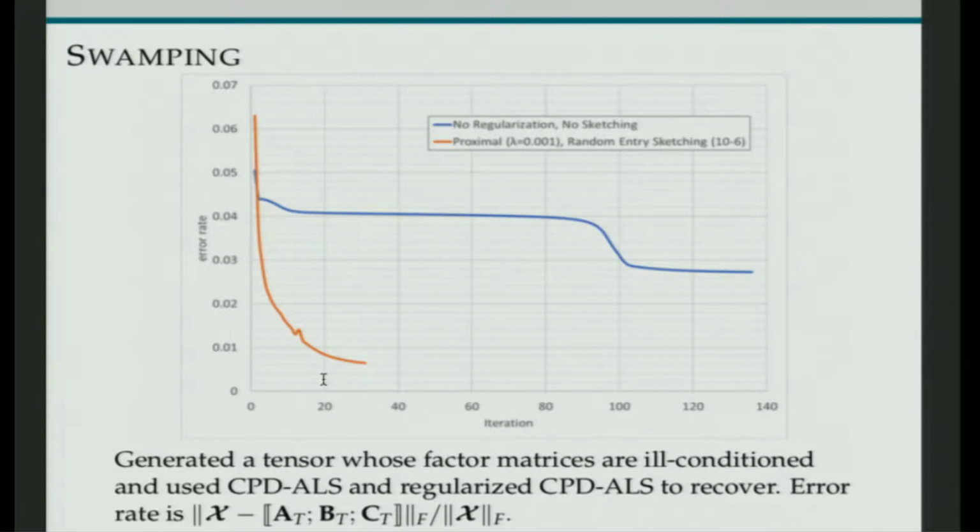And we just ran this for, in this case, 140 iterations. And then we compared to using proximal regularization and a very aggressive sketching rate. And you can see that even with aggressive sketching, the regularization allows us to converge in fewer iterations than regular CPD ALS.